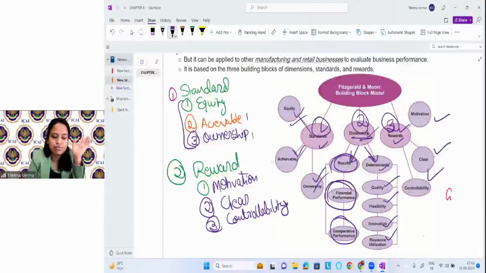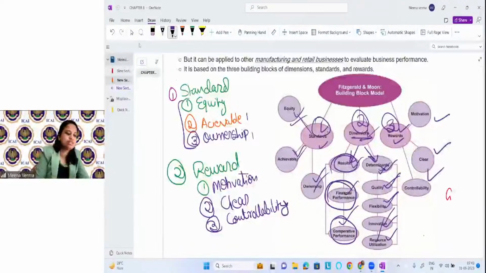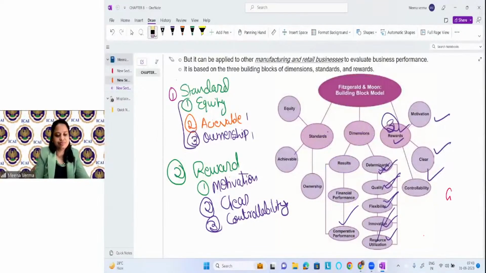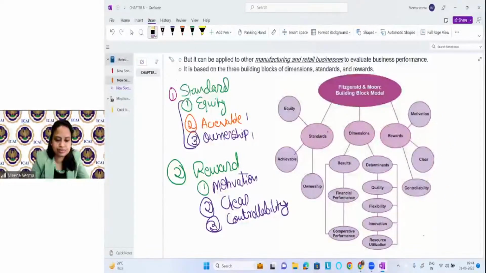In case of dimension, it is further classified into 2 parts: results and determinant. Result will cover financial performance and comparative performance. Determinant will cover quality, flexibility, innovation, and resource utilization. So you just have to keep this in your mind, and accordingly you will have to write the answer.